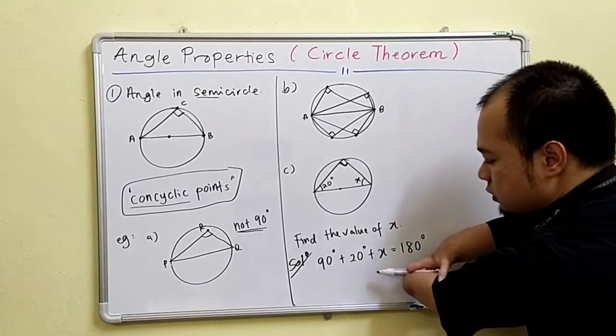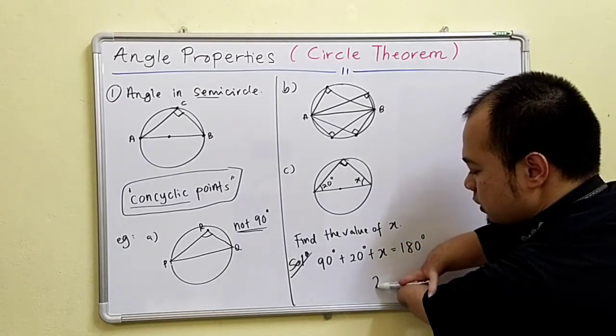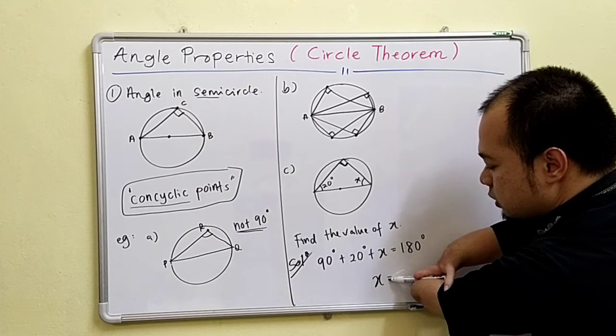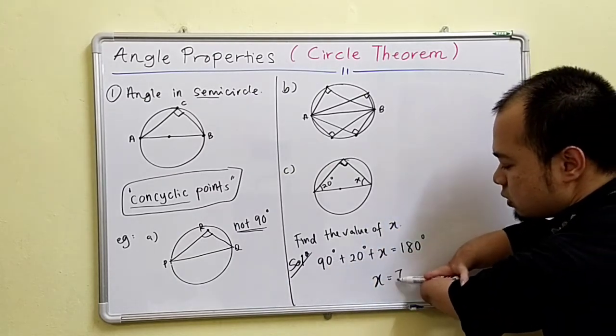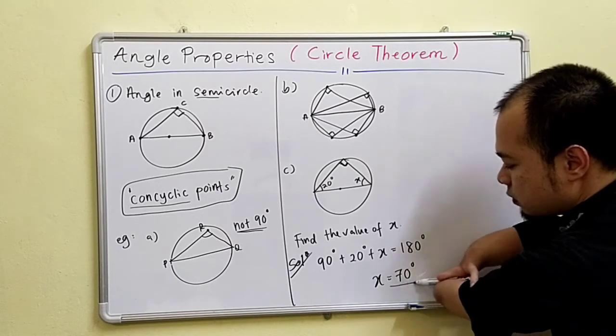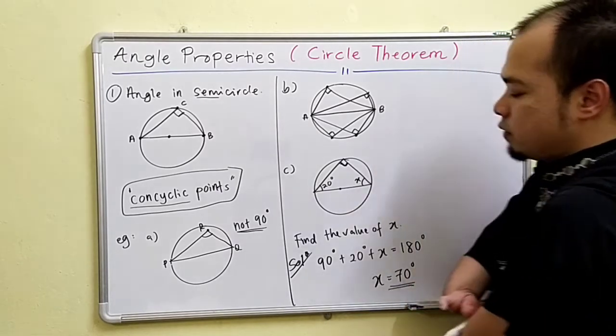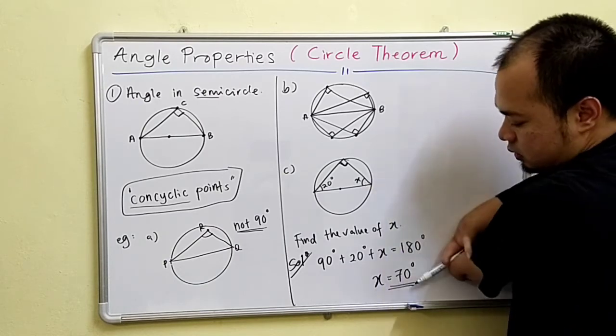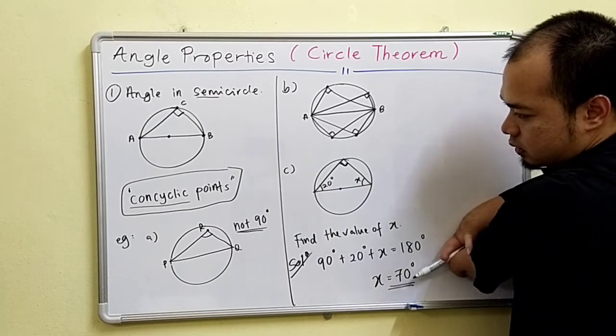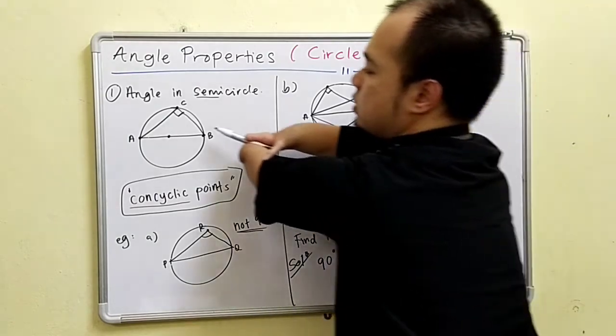You rearrange and solve for the value of x. So 90 plus 20 is 110, so x is going to be 70 degrees. So the value of x over here is 70 degrees by using property number 1.